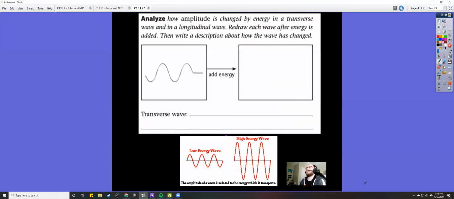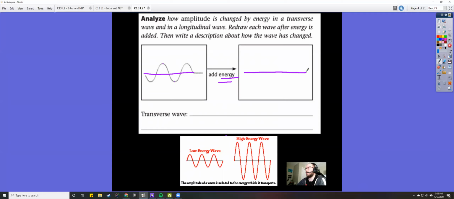If we go to this next slide here, if you add energy to a wave, and you can add or remove energy from any wave depending on how strong your vibration is through the wave, you're going to get a different amplitude. So if this is our resting point right here, and this is our crest, and this is our trough, if we add some energy to this wave, you might expect that the wave is going to get bigger, and that's exactly what happens.